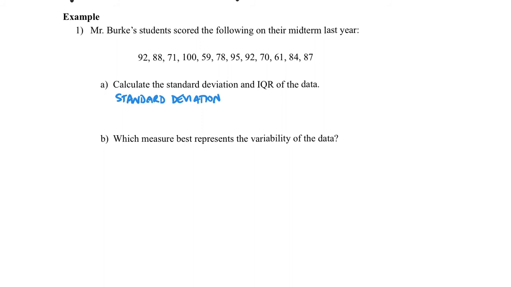It's the one that says Sx. That's our standard deviation. I'll round it to the nearest tenth. Turns out it's 13.5. For our IQR, which stands for interquartile range, we're going to do Q3 minus Q1.